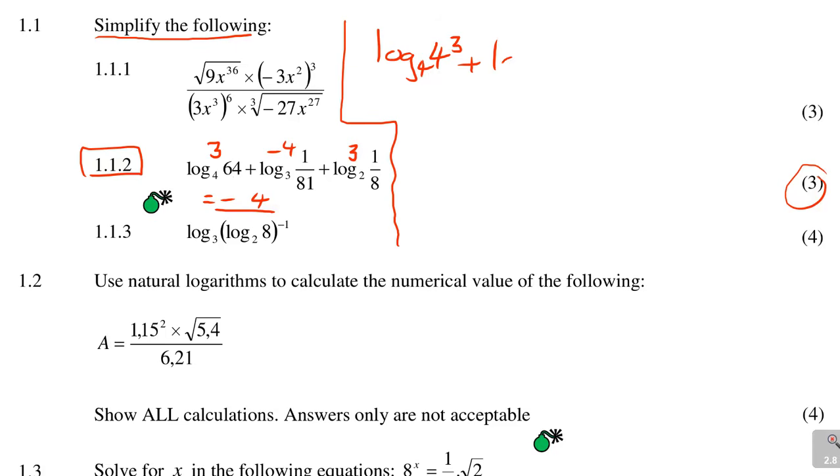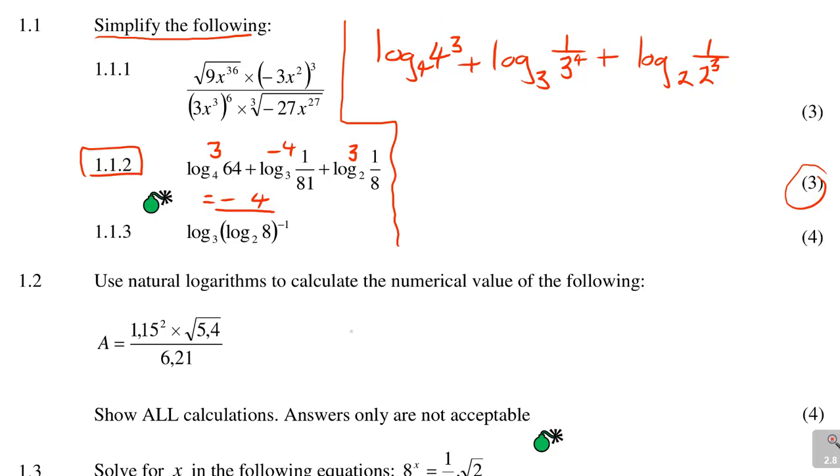Again, plus log base 3, 81, you saw that it was 1 over 3 to the power of 4. And then plus log base 2 of 1 over 8, you saw that it was 2 to the power of 3. So we've done that. Now there is a law in logs, and these things, exponents, logarithms, they base on laws.